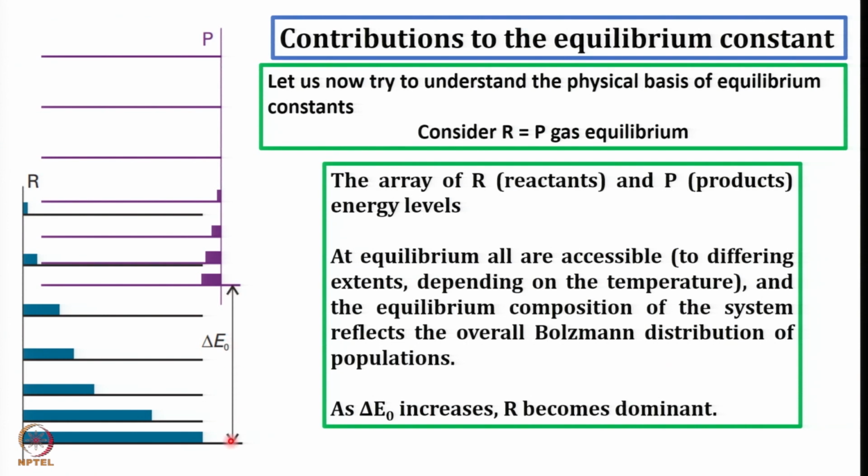The example that I am covering here includes the 0 point energy level of product higher than the 0 point energy level of reactants, so that this delta E naught is a positive number. Now when you have this mixed array of energy levels, some corresponding to reactants, some corresponding to products, at equilibrium all these energy levels are accessible, but these are accessible to different extents.